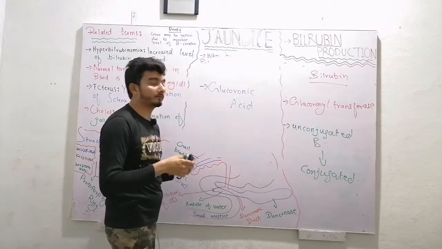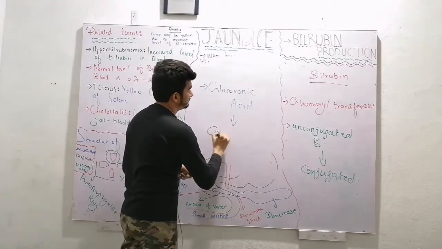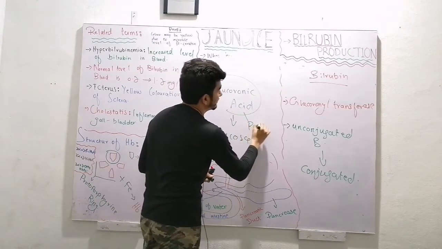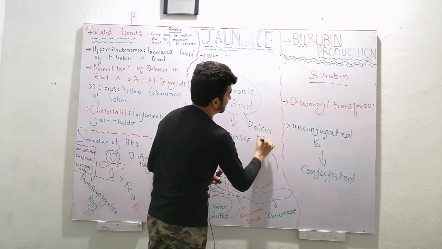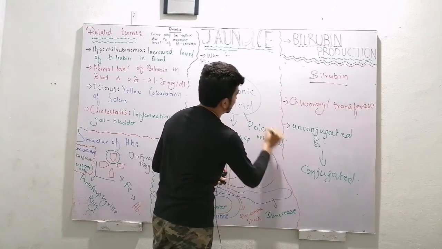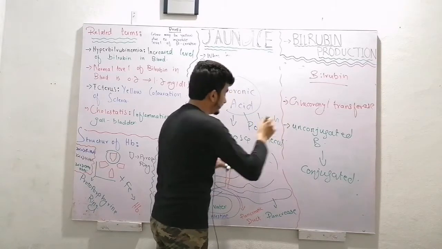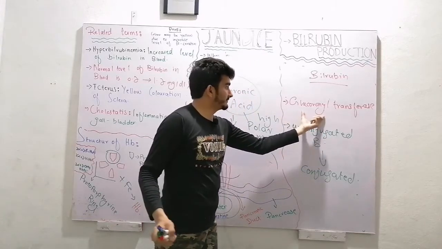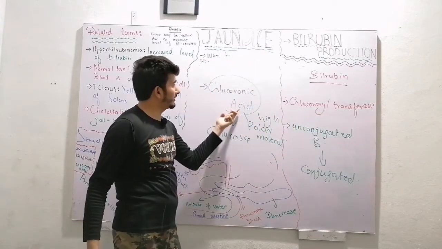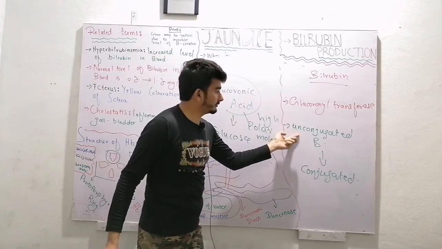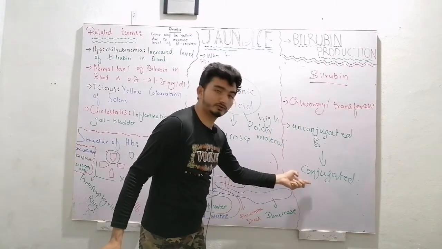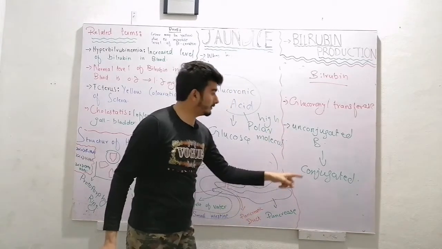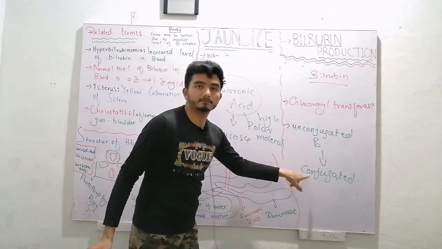Glucuronic acid is a highly polar molecule. So what is the function of glucuronide transferase? Glucuronide transferase binds the glucuronic acid with the unconjugated bilirubin and converts it into conjugated bilirubin. This is the function of glucuronide transferase, and now this is called conjugated bilirubin.